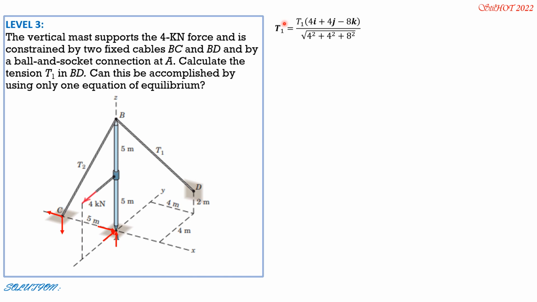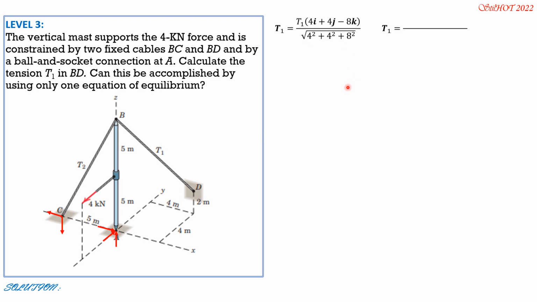So T1 in vector form is magnitude of T1 quantity going to the right, so 4i, going forward towards the y-axis, so positive 4j, then going down 10, this is 5 plus 5, 10, because D is 2 meters above the horizontal plane, so we just go down by 8, so that's why negative 8k, over square root of 4 square plus 4 square plus 8 square.